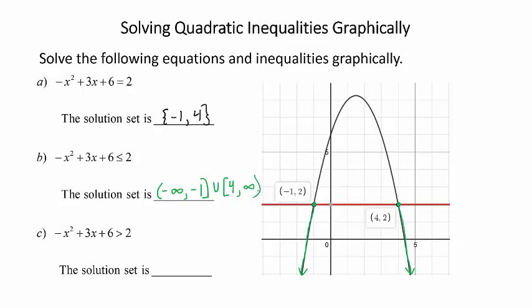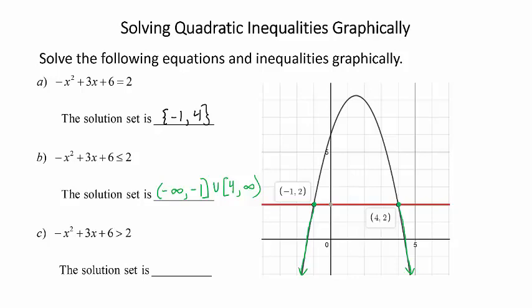Okay, so then moving on to C, it says negative x squared plus 3x plus 6 is greater than 2. With strictly greater than, I'm looking for wherever the parabola is above the line y equal to 2. So where is this quadratic function of negative x squared plus 3x plus 6 above that line?